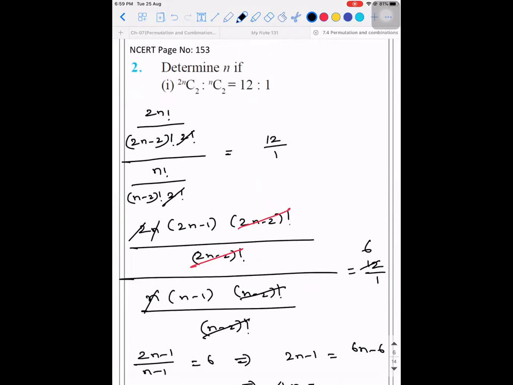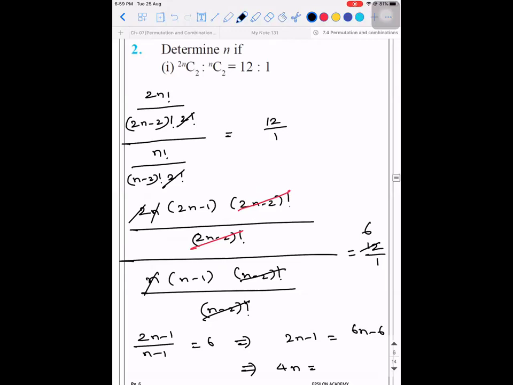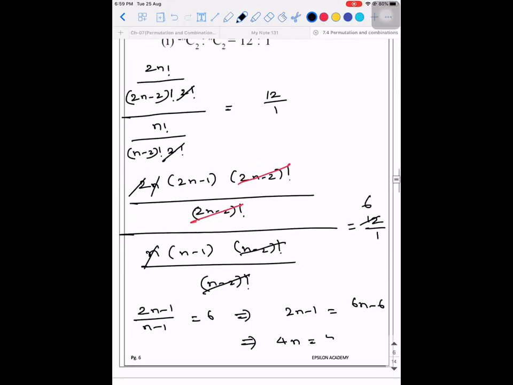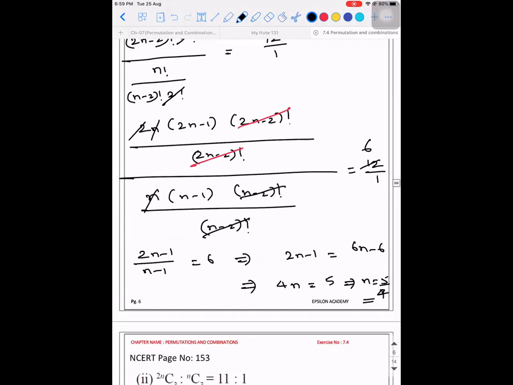Is anyone having a textbook in your hand? Can you check what is the question? Because see, 4n is equal to 5. I'm getting n as a fraction. I doubt this question.